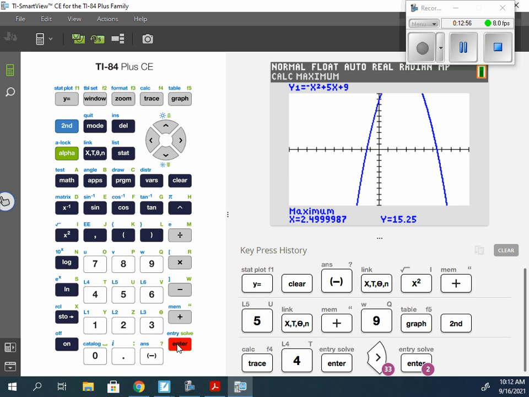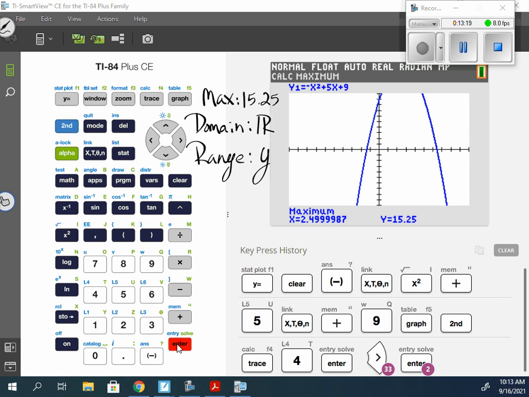The range is going to be what? So range is, y is it going to be less than or equal to or greater than or equal to? Which way are we going, up or down? Down, so all the values should be less than or equal to 15.25, because it should be all the points lower than that.